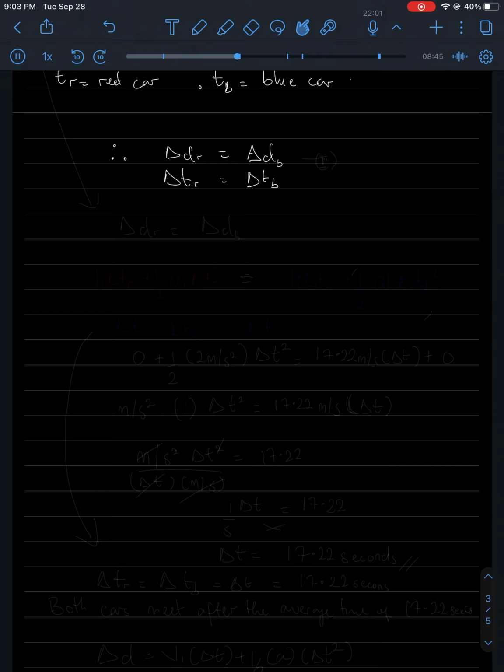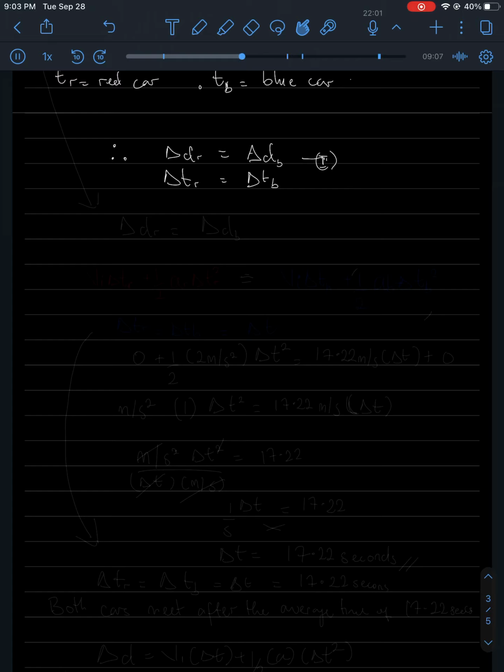So now let's say this is equation 2, and let's say this is our equation 1. Now we're going to substitute our equation 3 of motion into this.